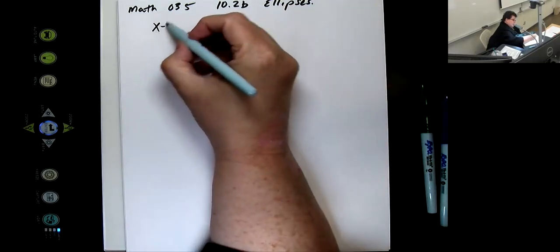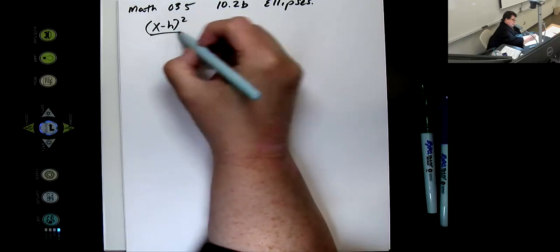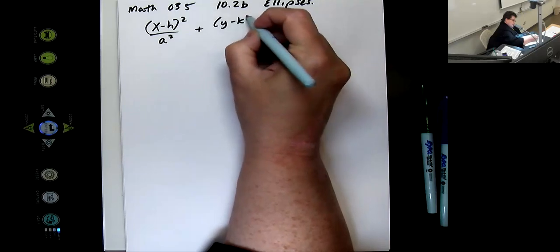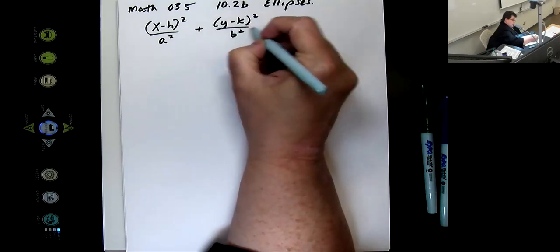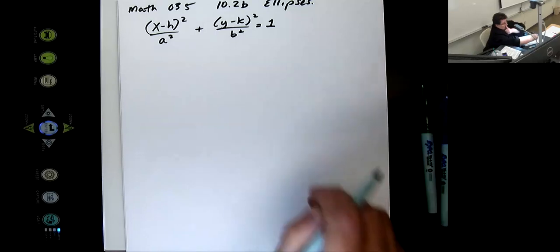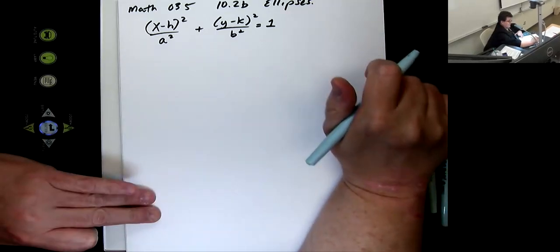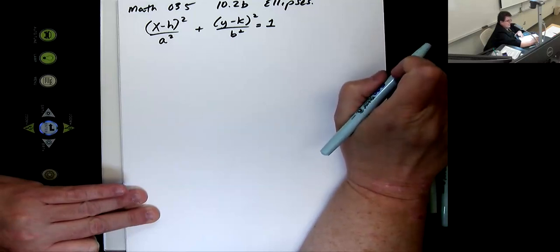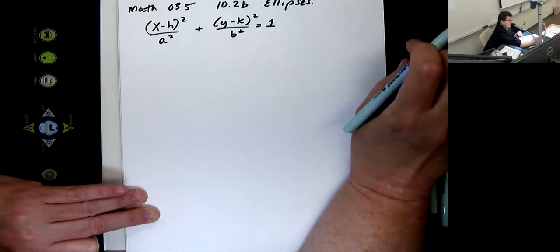As a reminder, the form is (x minus h) squared over a squared plus (y minus k) squared over b squared equals 1. Oftentimes we don't see it like that, though. We don't see it written as fractions.